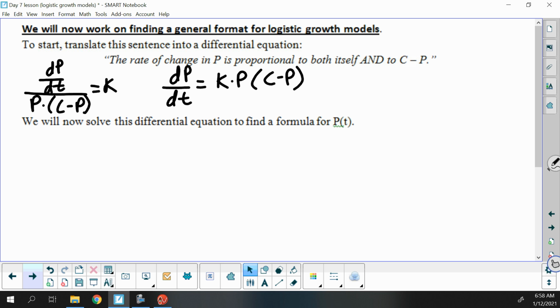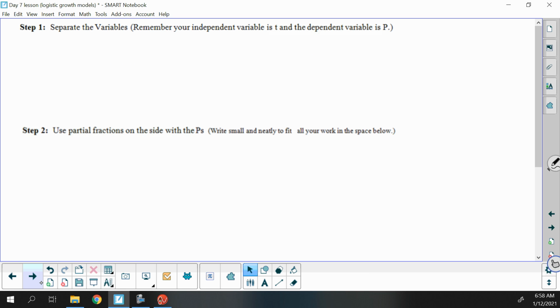So our goal is to solve the differential equation. And first thing we're going to do is we're going to separate our variables. So we're going to bring the P and the C minus P over to the other side.